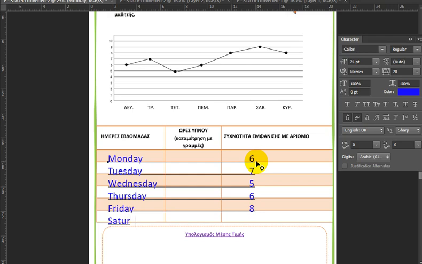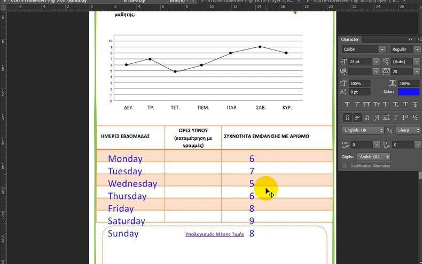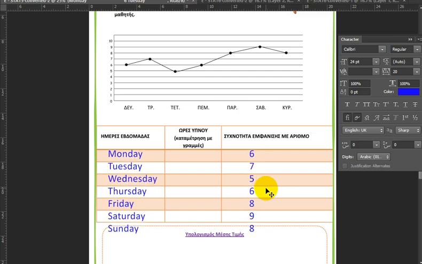Saturday is 9. Then Sunday is 8 again. So there we go. That's all the days.